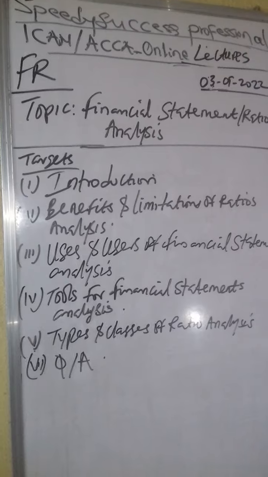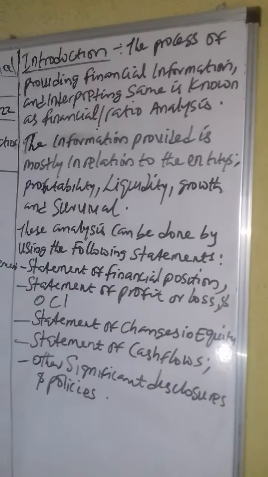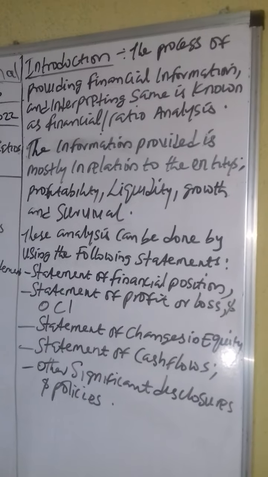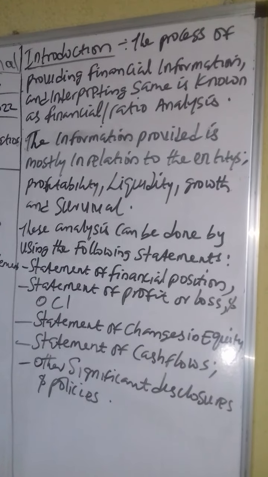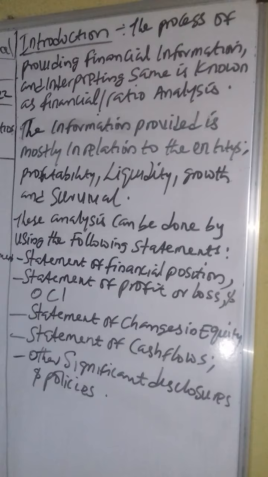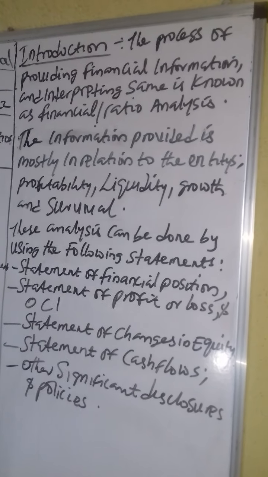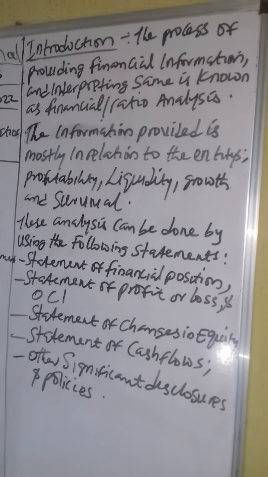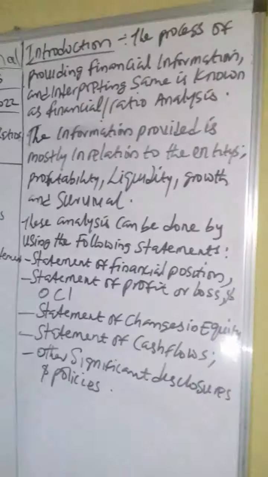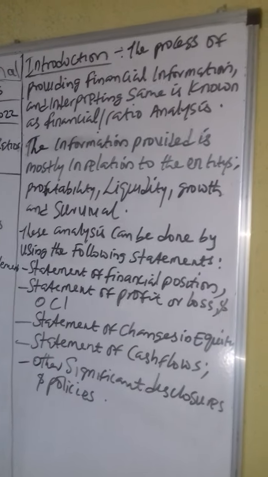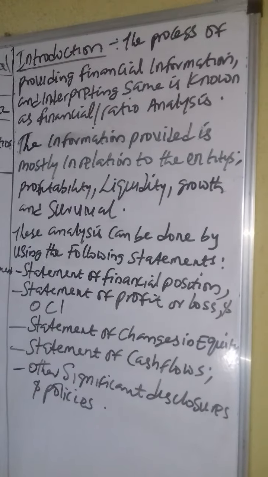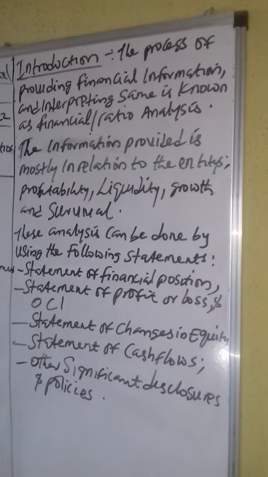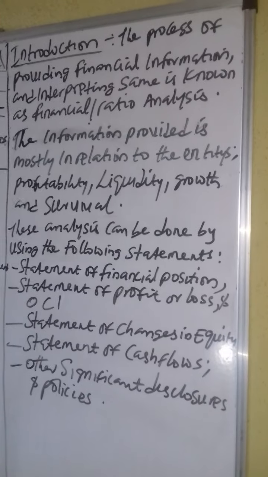Let's quickly look at the introduction. Financial analysis or ratio analysis is simply the process of providing financial information, and the interpretation of the same is known as financial ratio analysis.